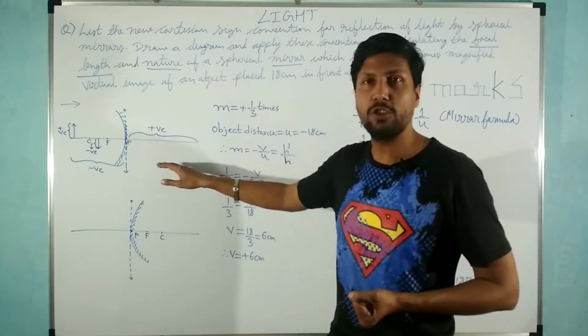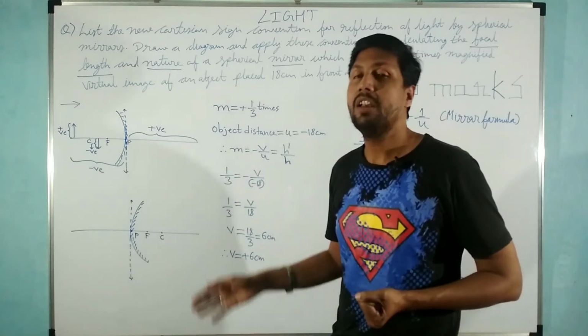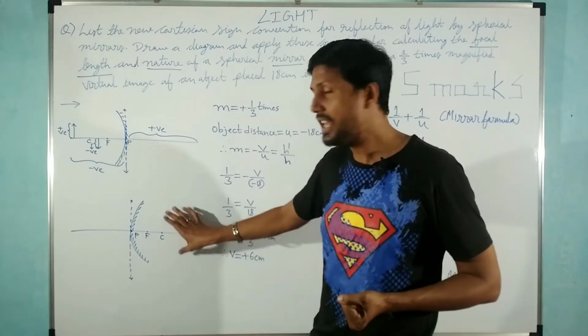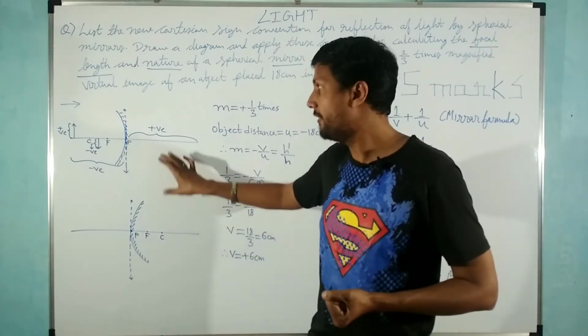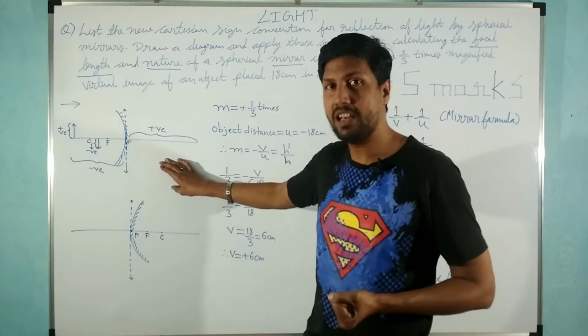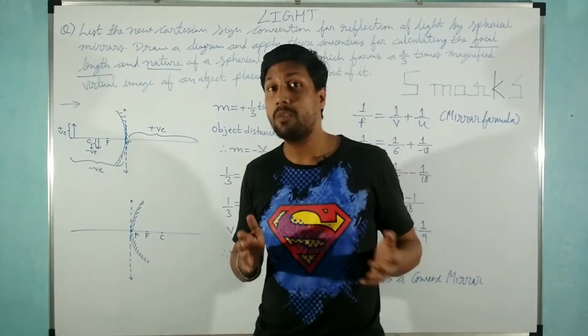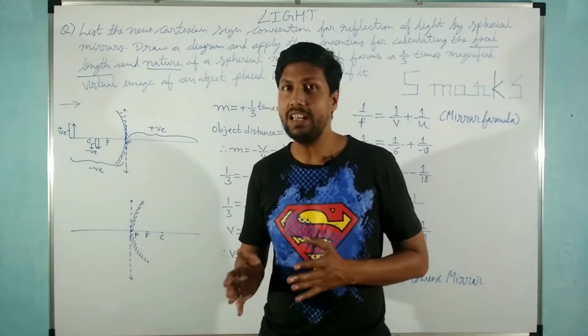After finding out the focal length through the calculations, we will interpret: if the focal length comes positive, then it will be a convex mirror, and if it comes negative, then it will be a concave mirror. So dear friends, this is the interpretation through the new Cartesian sign convention.